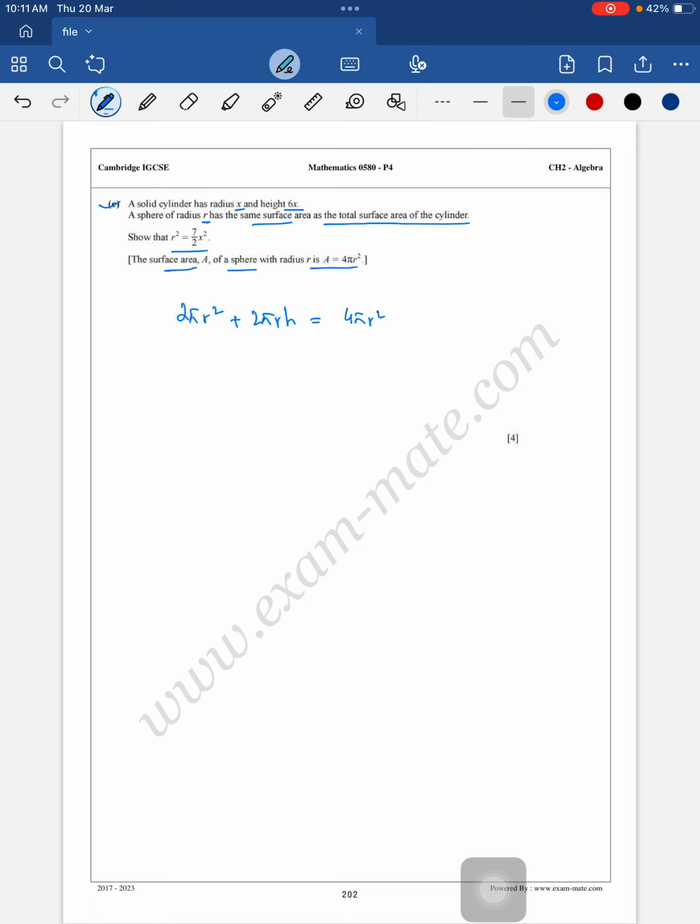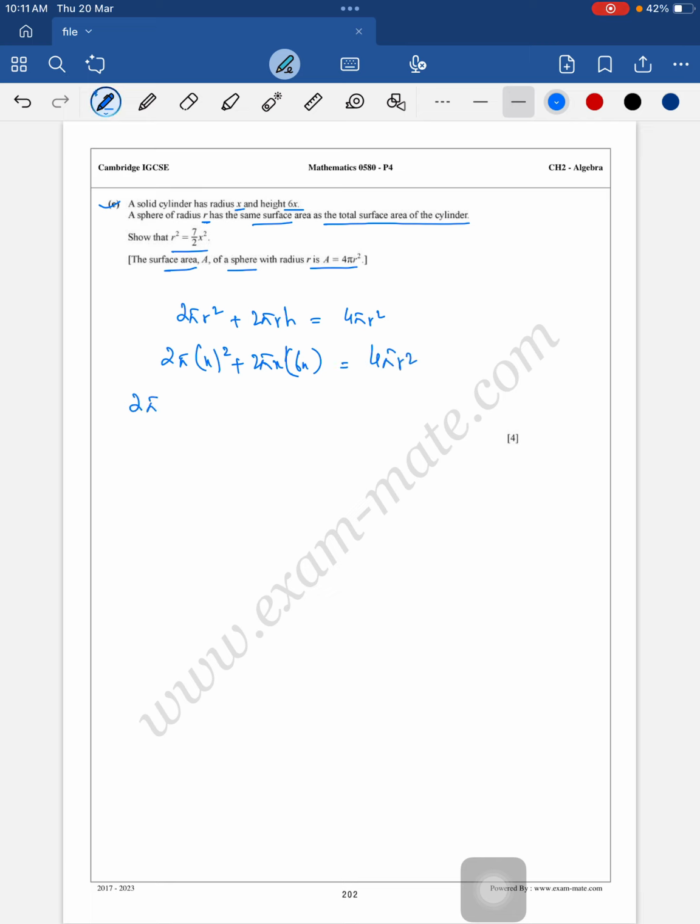Right, now here it has been mentioned that the radius is x for the cylinder and the height is 6x. So radius is x, and this is equal to 4 pi r squared.